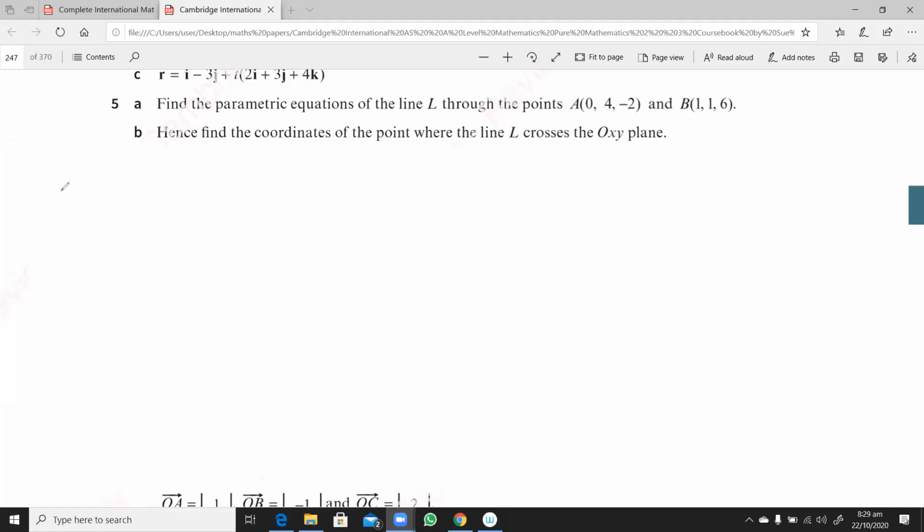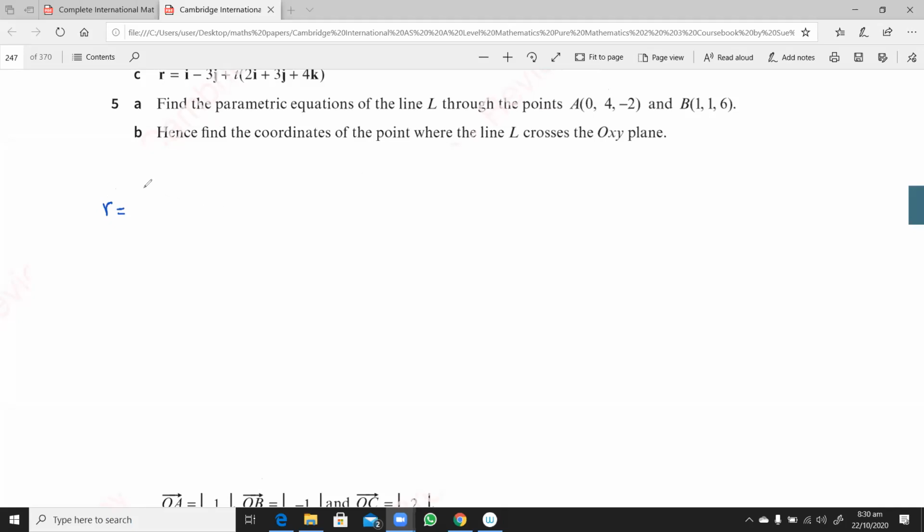Okay, the fifth question. It says find the parametric equation of the line through the points this and this. First of all, we have to write the vector equation, and then we can write the parametric equations. Sometimes examiners don't even give a single mark for writing the vector equation of a line, because this does not require any working.